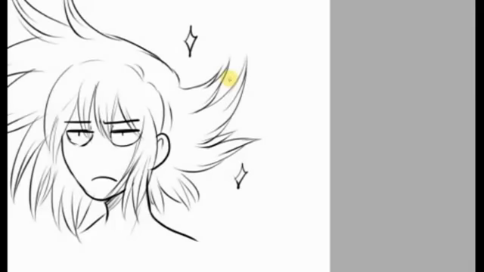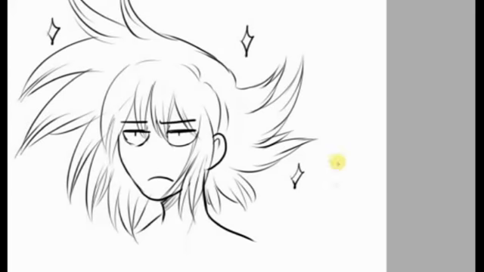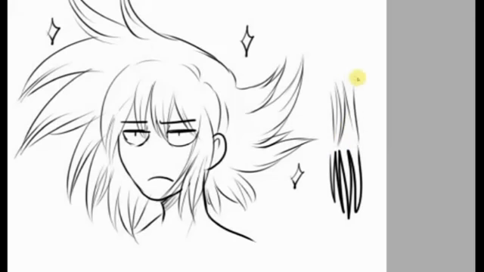Some of these lines are a little bit thicker and a little bit thinner. That changes the look of what your hair's doing, because if they're all the same length, you're going to get that staticky look. But if they vary, it looks different. So it's just about weighing out your lines.